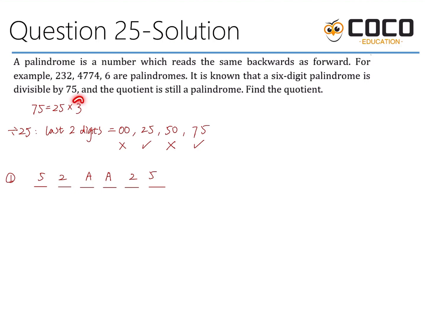This number is also divisible by 3. So the sum of digits is a multiple of 3. This is 5 plus 2 plus A plus A plus 2 plus 5. So it goes to 2A plus 14. Now 2A plus 14 is a multiple of 3.